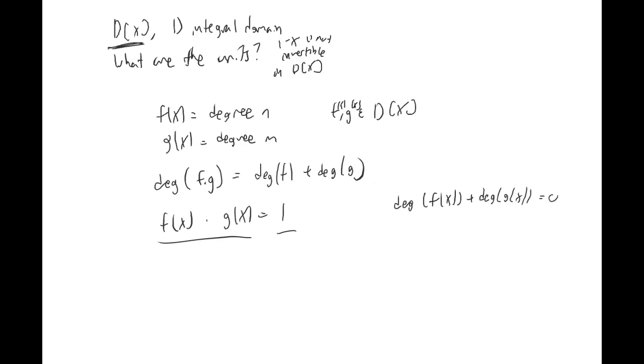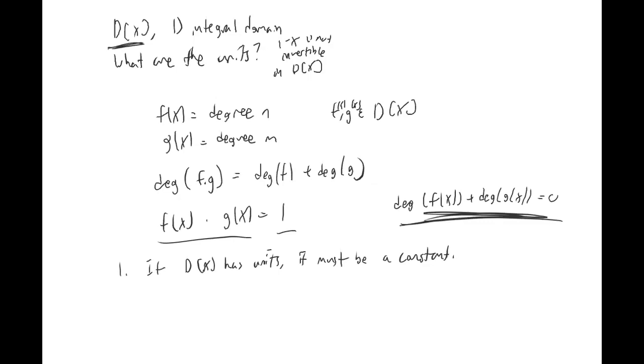So what you're going to notice is, from here alone, if D[x] has units, they must be degree 0, but degree 0 is just a constant, right? It must be a constant. Does everyone agree with this?